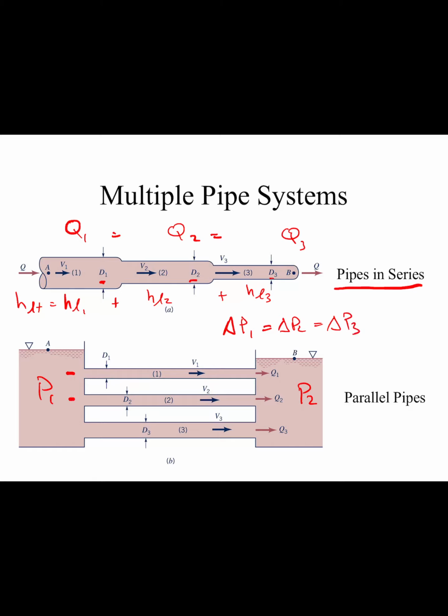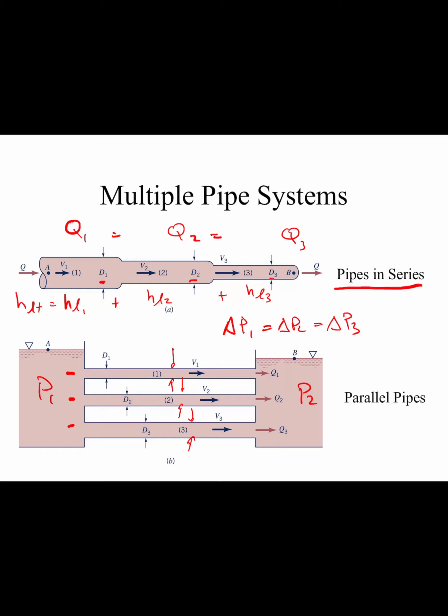For water, it's not exactly correct, because we have a little bit of height difference that we have to deal with. But let's think of it maybe as two air reservoirs, where maybe it's compressed air that you're moving through this pipe. With water, you have to account a little bit for that difference in head. Let's say it's small for the moment. But then the flow rates are going to be different in each of these, because we have different diameters, so we have to adjust for that.